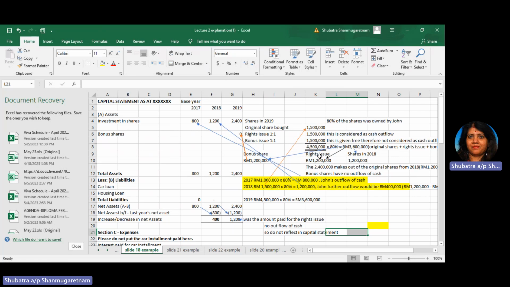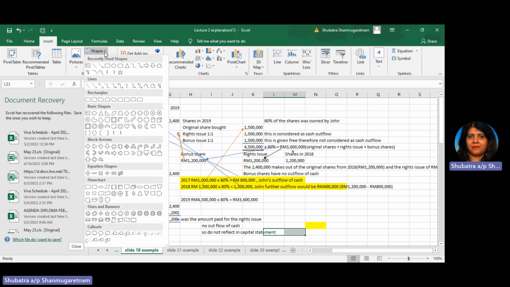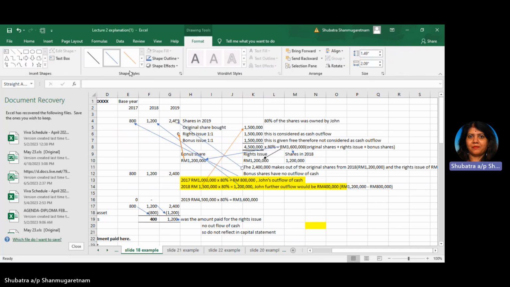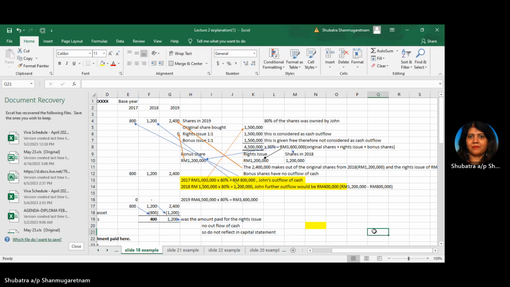Now your rights issue is shares that you have actually bought. So there is an outflow of cash. So the 2,400 that you see here consists of your cash outflow. That's why it's reflected here as 2,400.